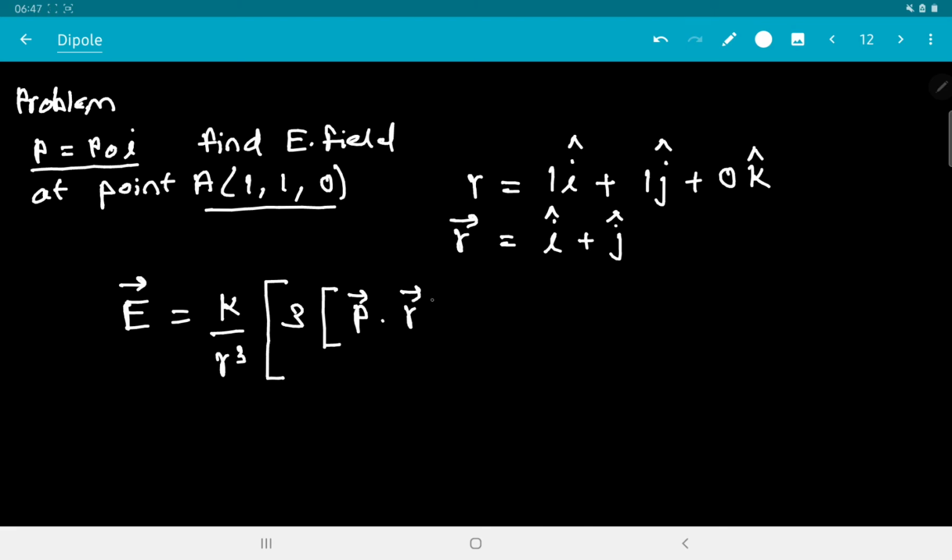We'll have r cap as r vector divided by r. Outside also we have r cap, so we write r vector divided by r, minus p vector, that is p dot i cap.